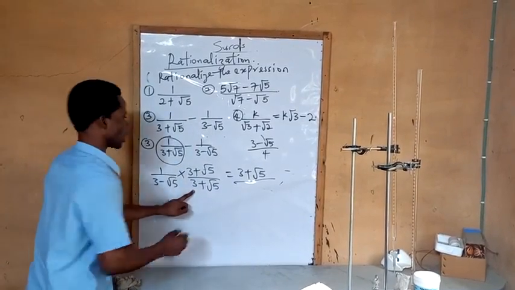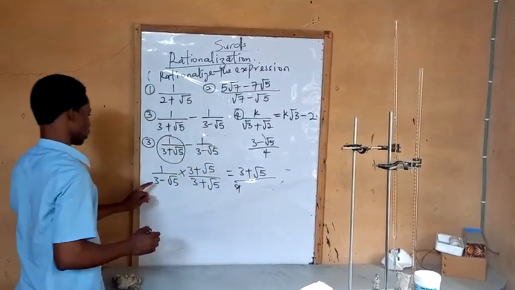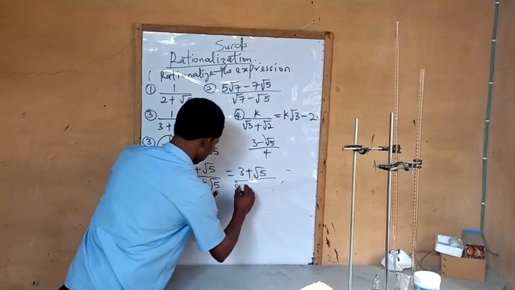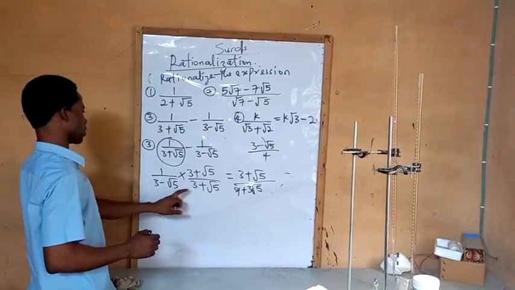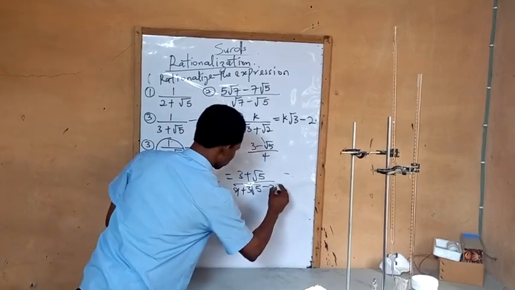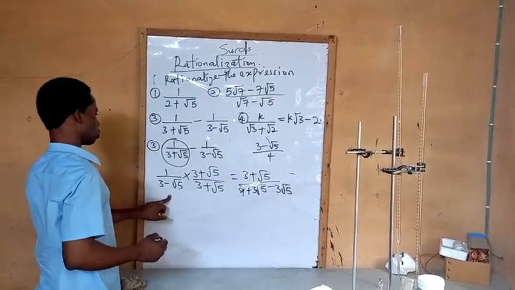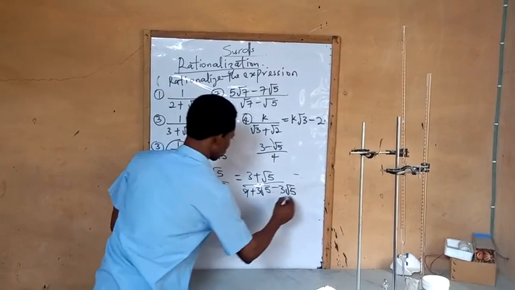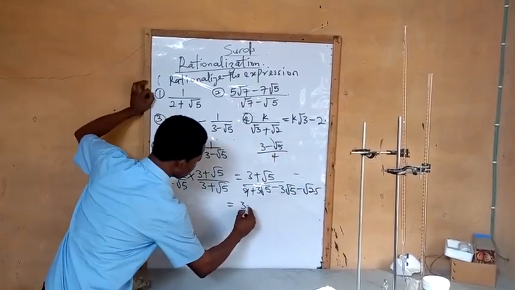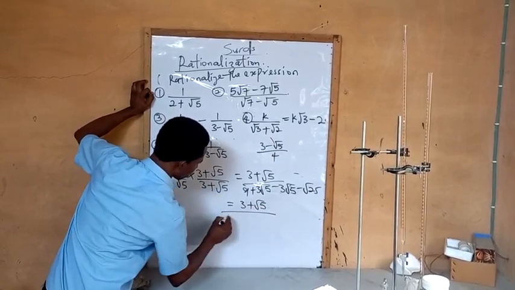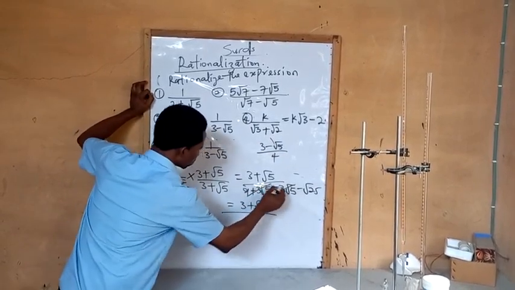Now 3 times 3, 9, plus 3 root 5, minus root 5 times 3, that's minus 3 root 5, and minus root 5 times plus root 5, that's minus root 25.